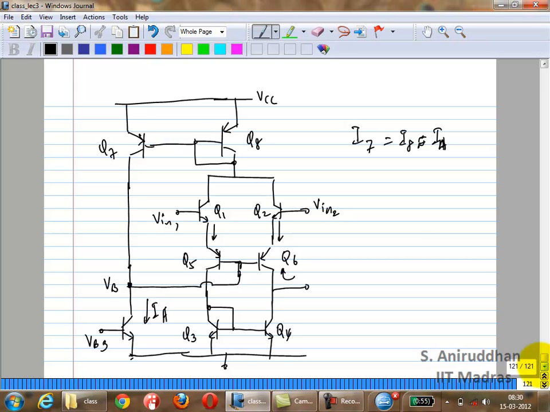Okay. So what else can you do to improve the gain? So we have taken care of the upper side. What can you do with the lower side? Yes, I thought I heard somebody say... Okay, you can do cascode. Cascode is one thing. Anything simpler than a cascode to improve the output impedance?